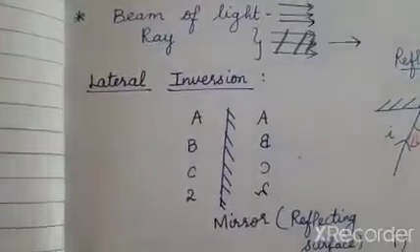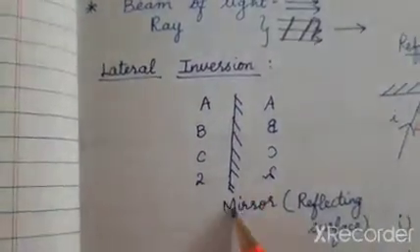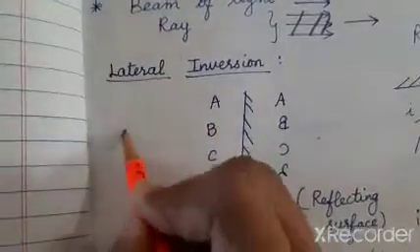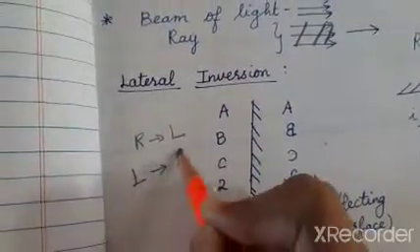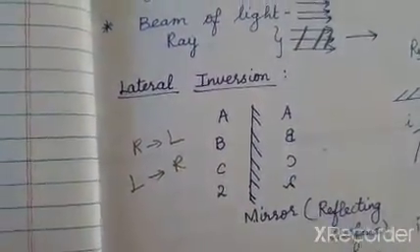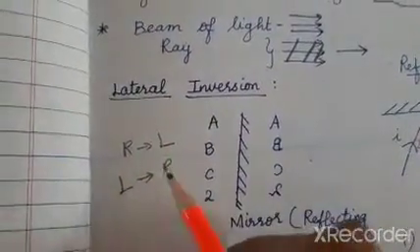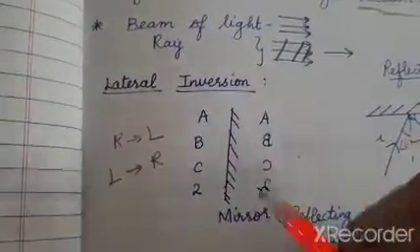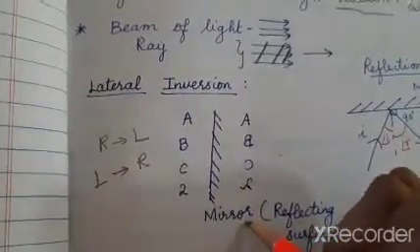Then we have learnt about lateral inversion. That is, when we stand in front of the mirror, our right hand appears as left and left hand appears as right. Yes or no? So this change, that right as left and left as right, is a property of light rays reflected by the mirror.